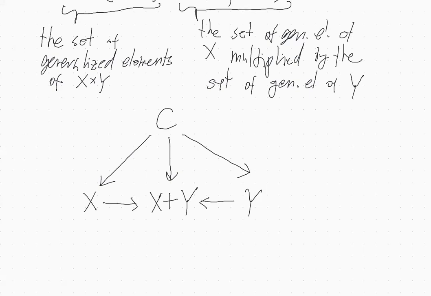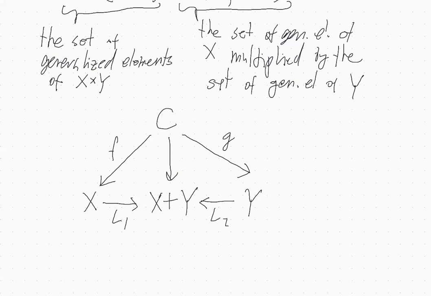So while I still am able to think of every generalized element f of x as living inside x plus y by composing it with iota 1, and I can think of a generalized element g of y as living inside x plus y by composing g with iota 2, right?